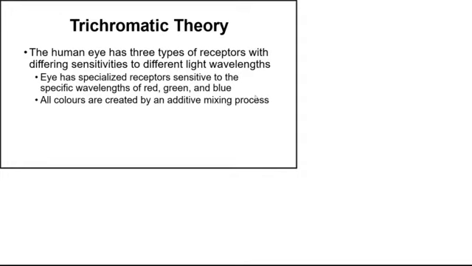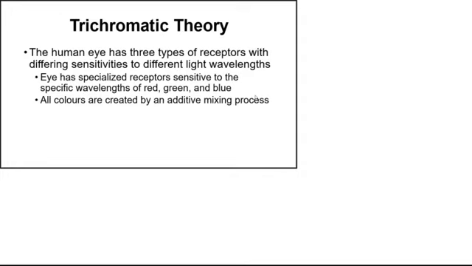So in this case, for our trichromatic theory, we could break down the name and say, okay, tri meaning three, chroma meaning colors. So this is a theory of three colors. They say that we have three different kinds of cones, and each cone is sensitive to a different wavelength of light. One for red, one for green, and one for blue.